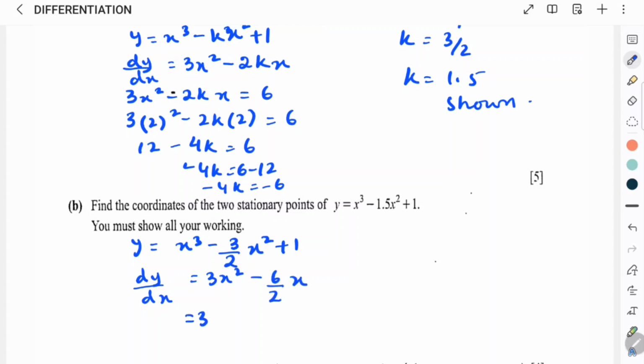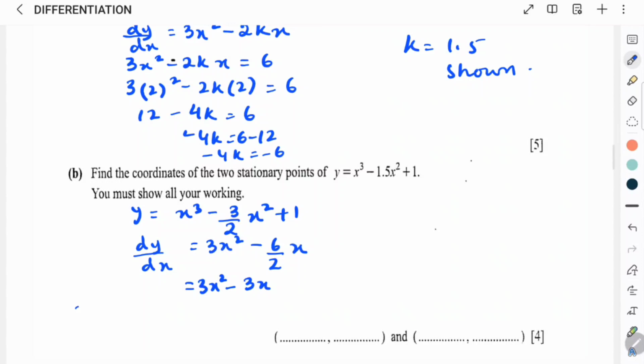So 6 over 2 is minus 3x. And we have to find the stationary point. So 3x square minus 3x is equals to 0. 3x common, x minus 1. So 3x is 0 and x minus 1 is 0. So x is equals to 0 and x equals to 1.